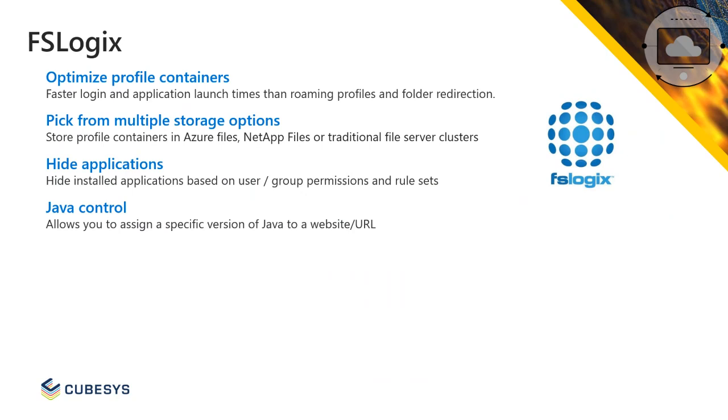There are a couple of different storage options for FSLogix because we're basically mounting the container to the virtual machine. We need that storage to be pretty quick to be able to handle all the reads and writes. So some of the different options for FSLogix are Azure NetApp Files, Azure Files, and the traditional file server cluster.